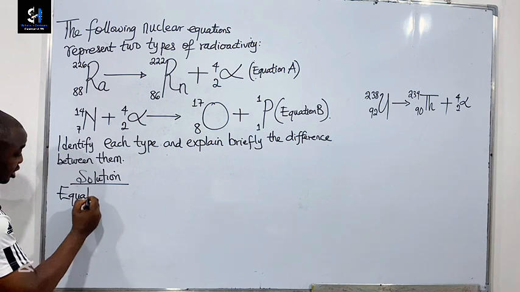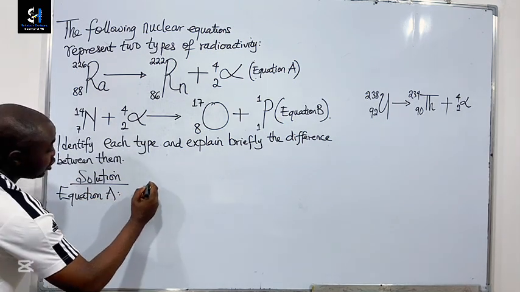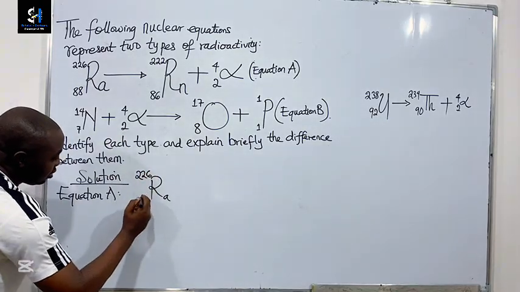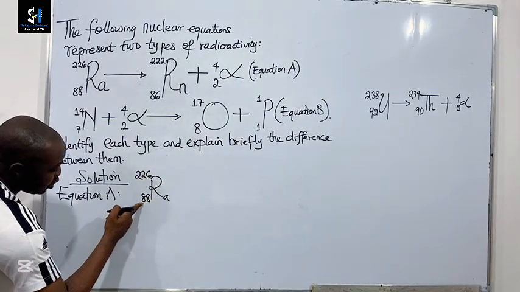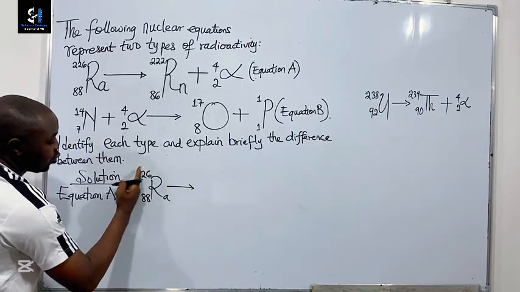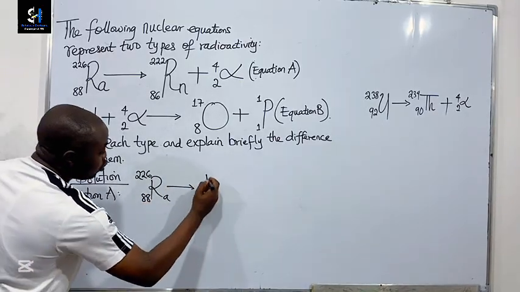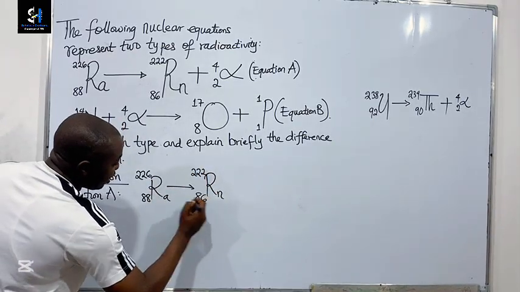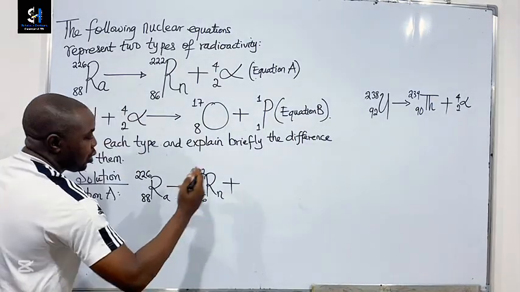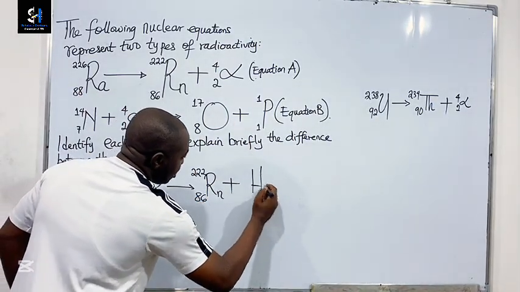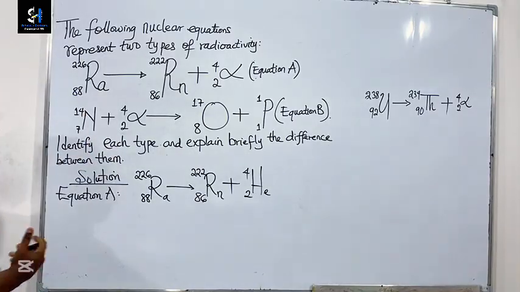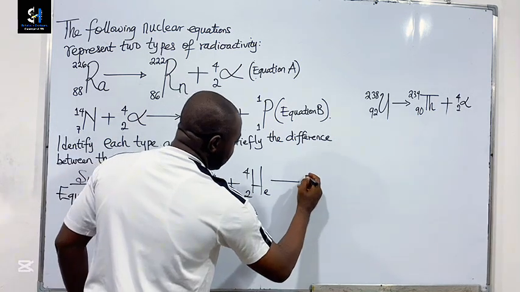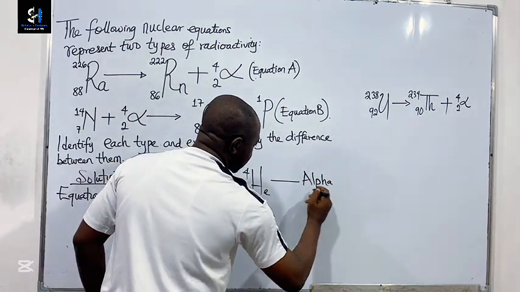Equation 1, that is equation A, involves radium-226 with atomic number 88. When radium decays into radon-222 with atomic number 86, it emits an alpha particle. So this first equation, equation A, is alpha decay.